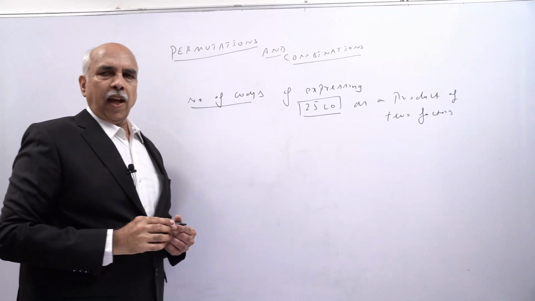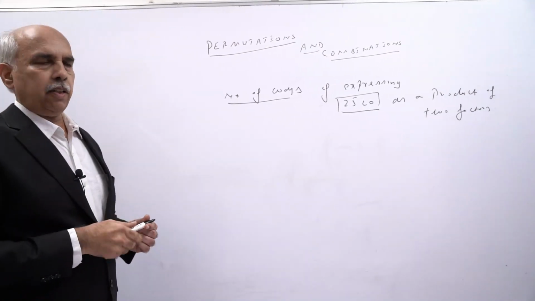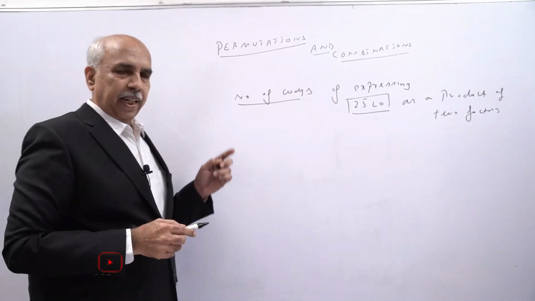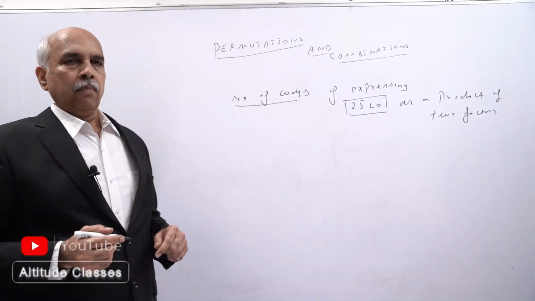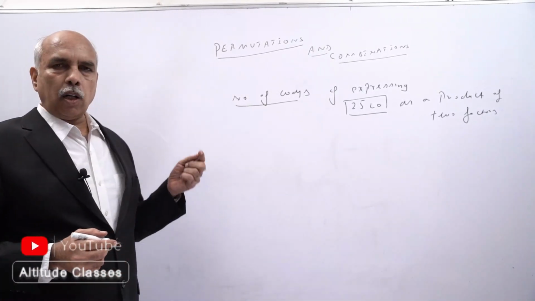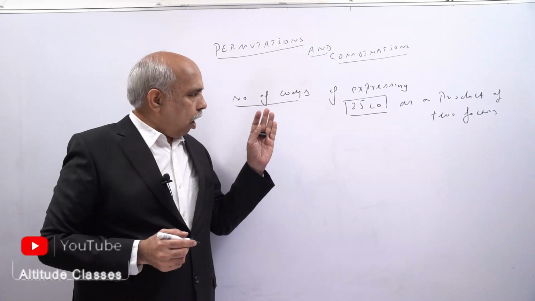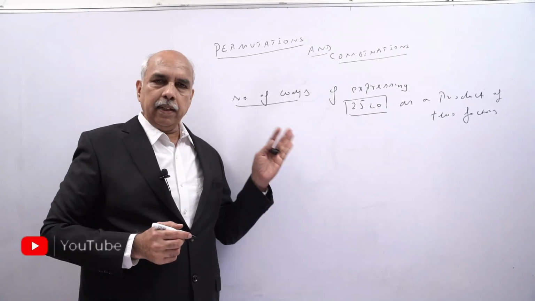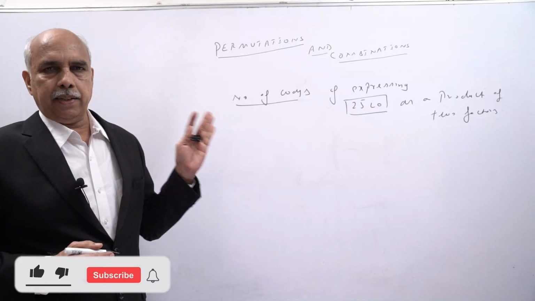Product of two factors means I should be able to write 2520 as A into B. That means 1 into 2520 or 252 into 10. In that way, how many ways can I write this?